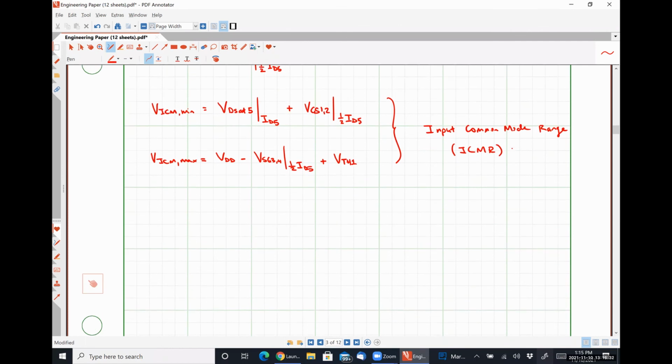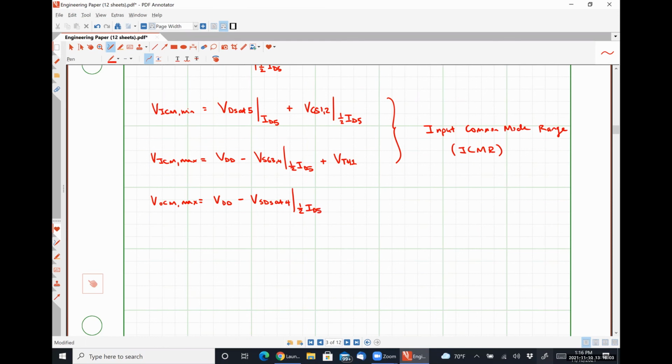So there's a certain range of DC output voltages that we can have to keep our amplifier operating correctly. As the output common mode voltage increases, this will push M4 into the triode region. So VOCM max would be equal to VDD minus VSD sat for transistor M4, evaluated at a current of exactly 1/2 ID5.